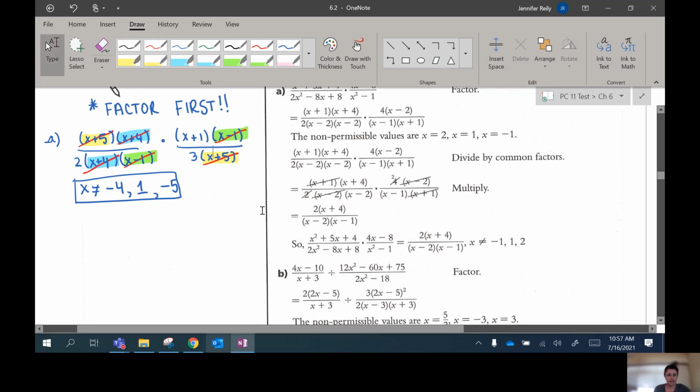I think that's it. So now we're simply left with 1 over 2 times x plus 1 over 3. And so this would just be x plus 1. If there's only one factor left, you can put brackets around it. It's not incorrect, but you can also take off the brackets. That's probably how you'll see it in the answer key.